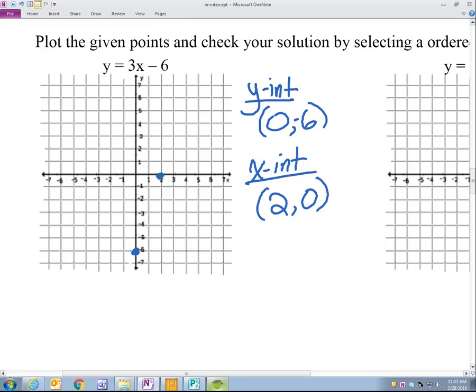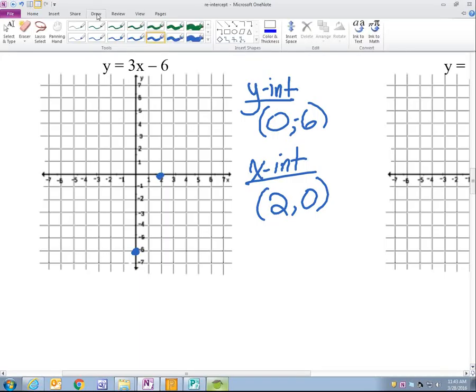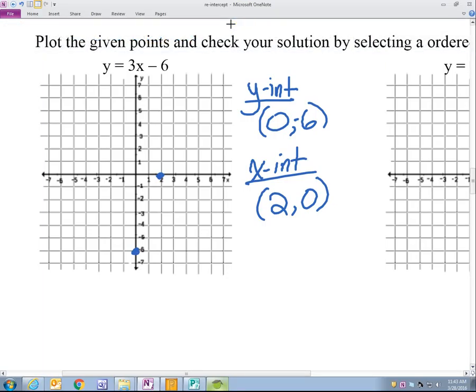So I'm going to connect those 2 points now. Because what's the minimum number of points that you need to make a line? Correct, just 2. So we're going to put those 2 points on the line, and that looks good.